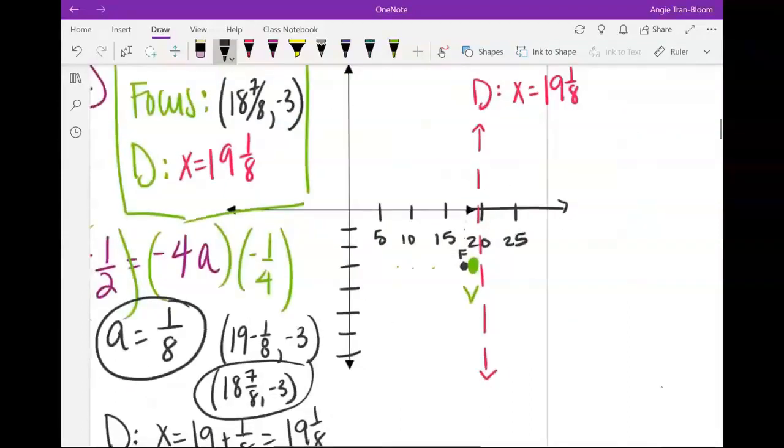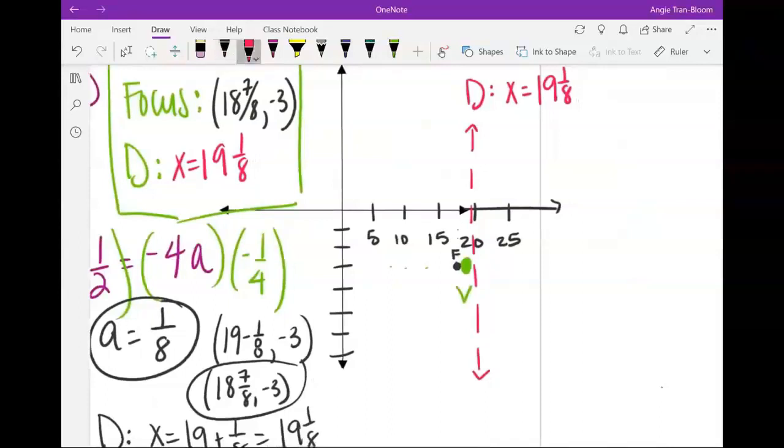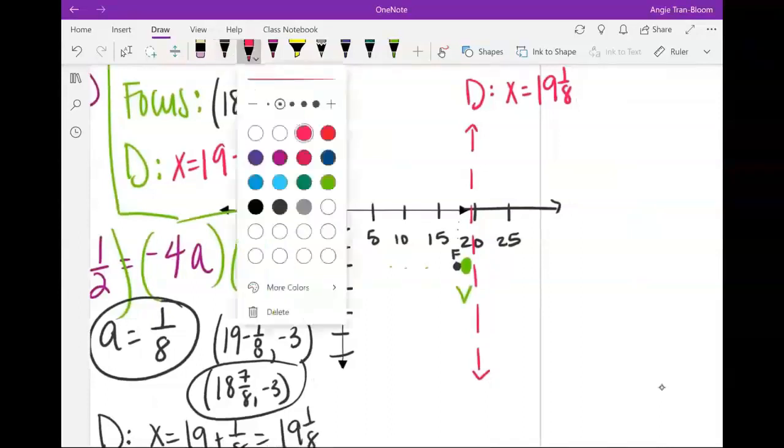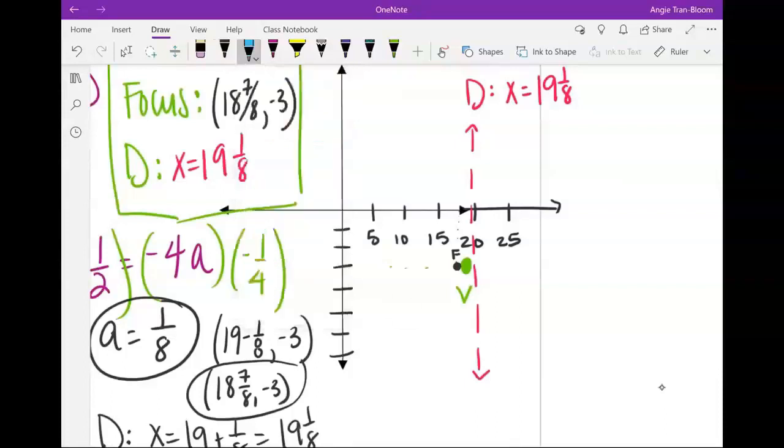I'm going to see if I can fit 1/4 in here. Remember, you're going 1/4 from the focus. So here's 1/2, here's 1/4. I'm just going to eyeball this. This is going to be 1 skinny, okay, 1 skinny according to my grid. I went up a quarter, and I went down a quarter from the focus as best as I can make a quarter.